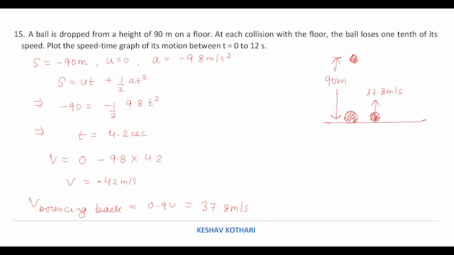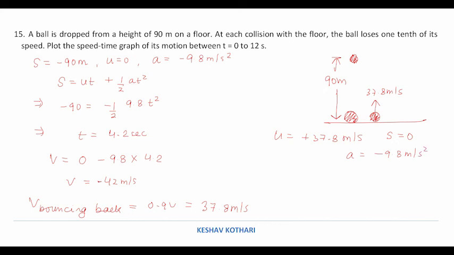So I can take it in this way, that initial velocity is plus 37.8 meter per second, and the displacement is going to be 0 because it is again going to hit the ground, and a is minus 9.8 meter per second square.